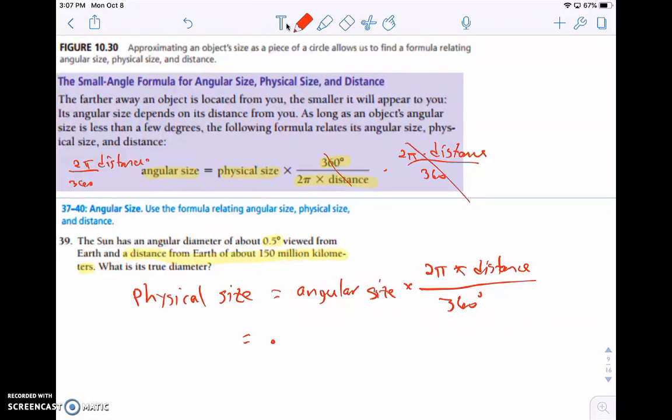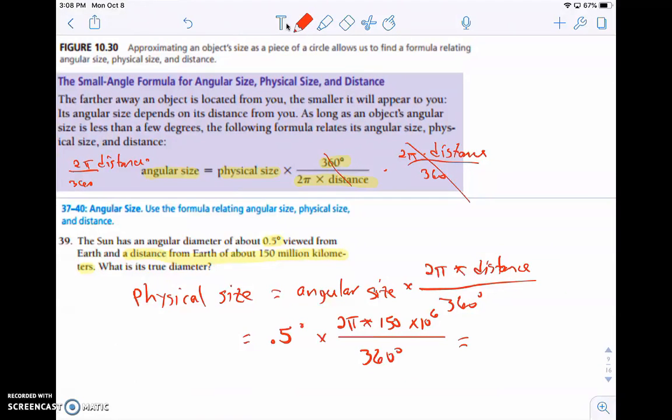The angular size here is 0.5 degrees. Then we multiply that by 2 pi times the distance, which is 150 million, so I'm going to say 150 times 10 to the 6th for millions there. And then divide by 360 degrees. You can see your degrees are going to cancel. When I multiply all this out in my calculator, I get roughly 131 million.